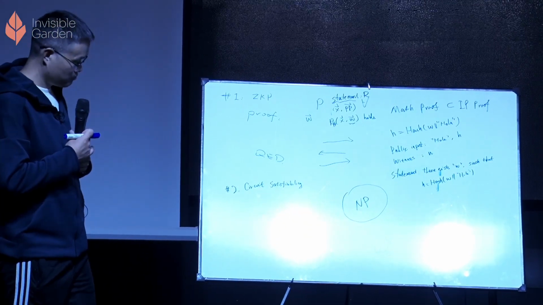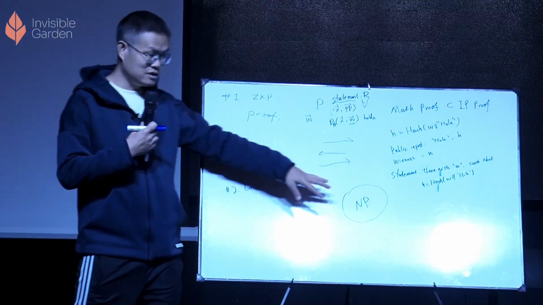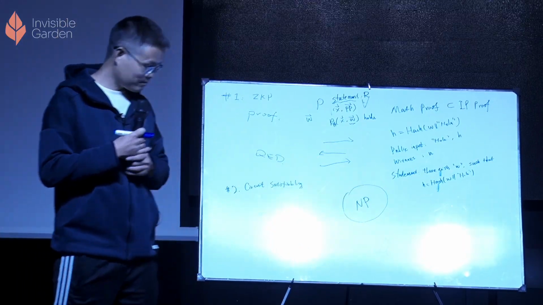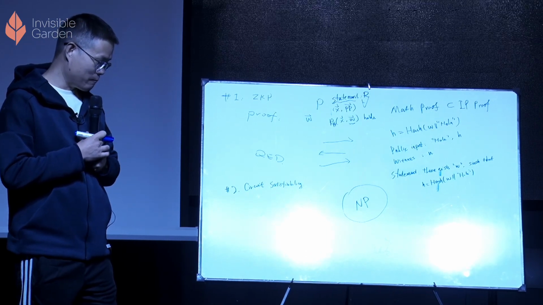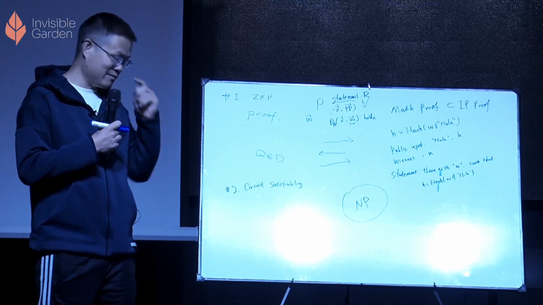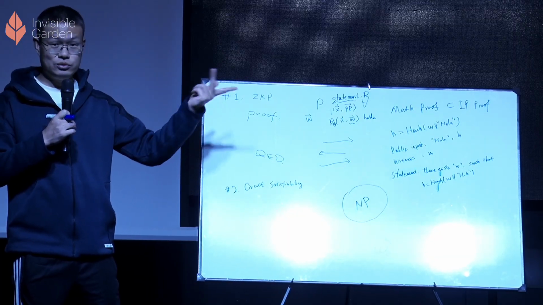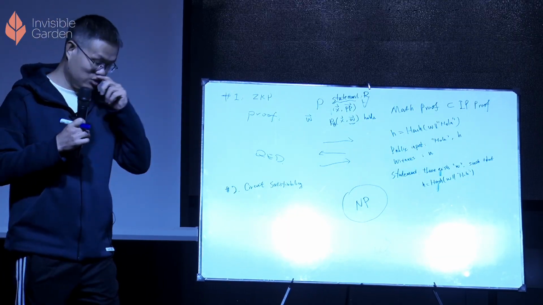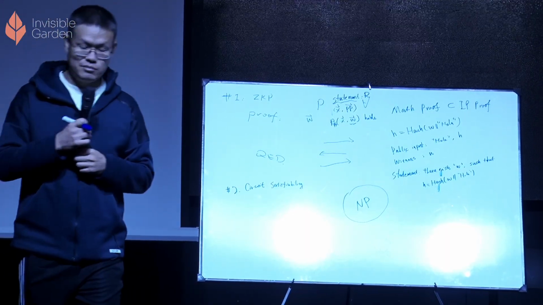So circuit satisfiability falls into this NP set. At the same time, in the arithmetic circuit, we have only two types of gates. First is addition, and the other is multiplication.